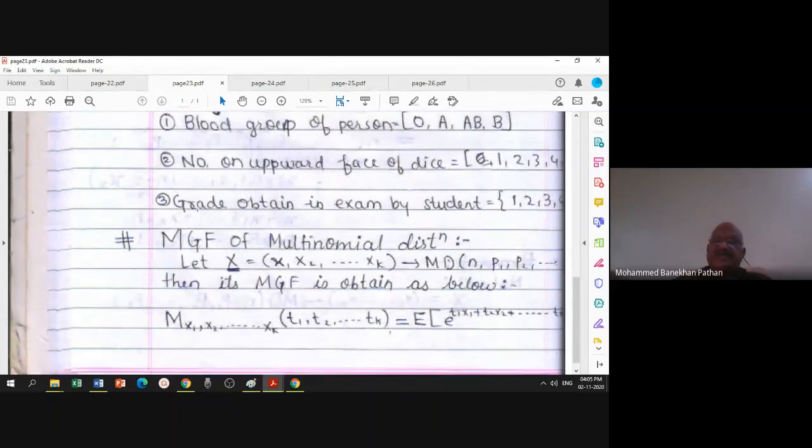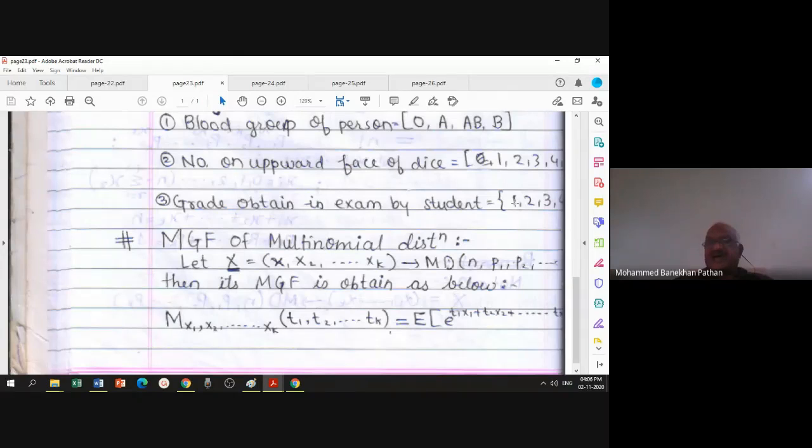Third example of real life where you can think to apply multinomial distribution is the grade obtained in an exam by a particular student. Suppose I specify the grades 1, 2, 3, 4 like this. So every student has 4 possibilities of grading.